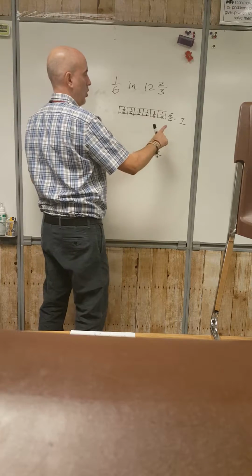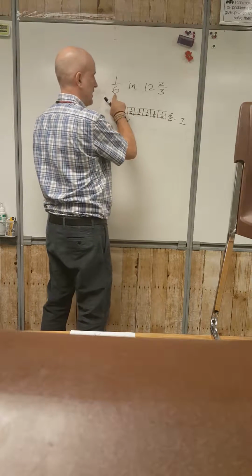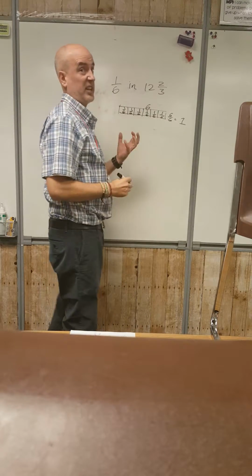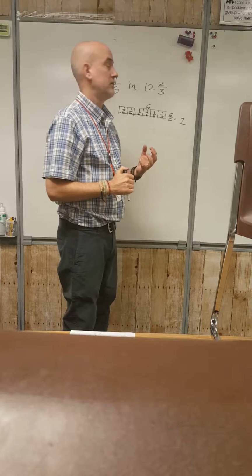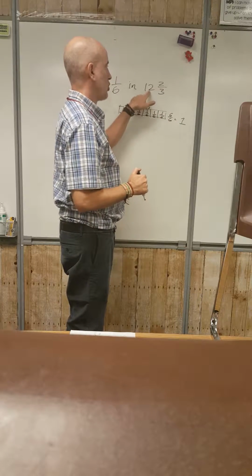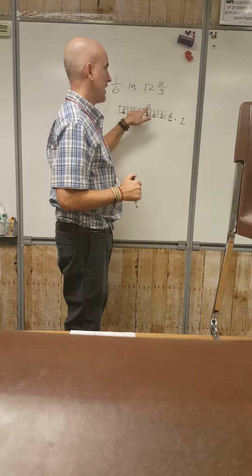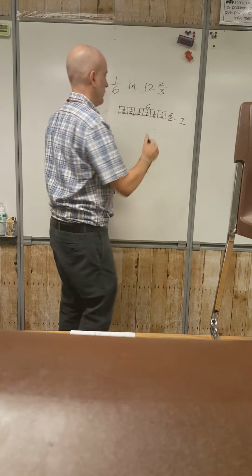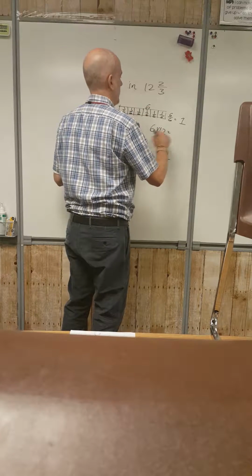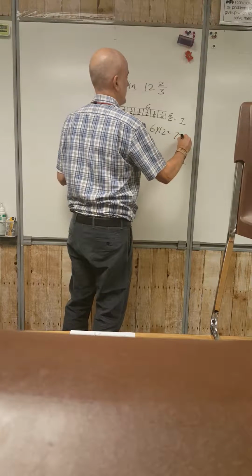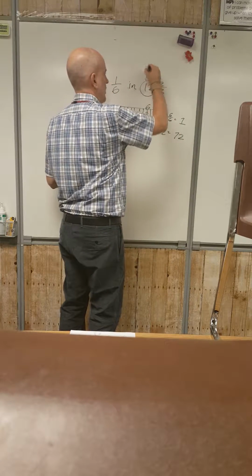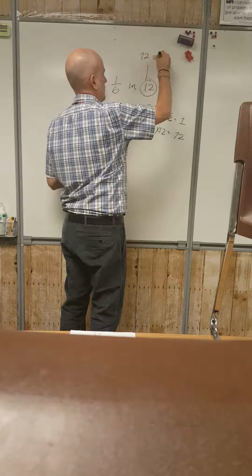So in one whole, there are 6 sixths. I have 12 of these, so that's 6 times 12, which equals 72. So just in the whole number, I have 72 sixths.